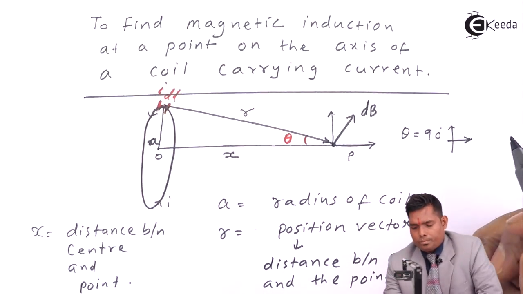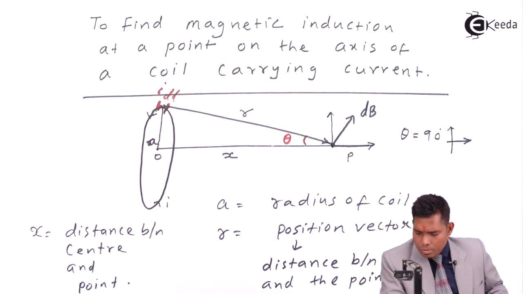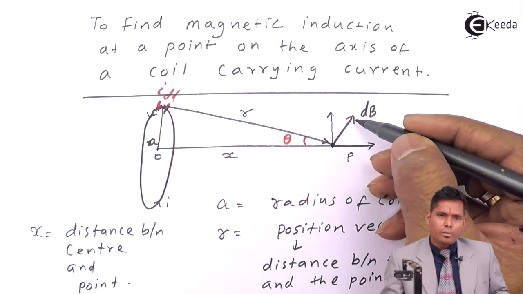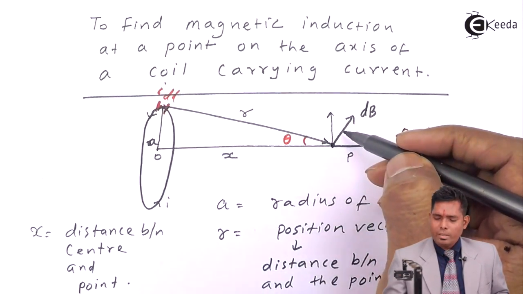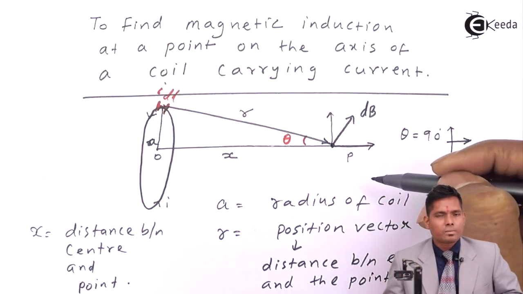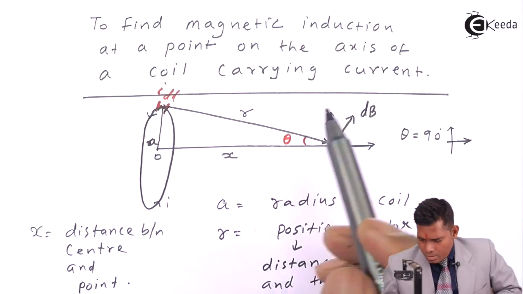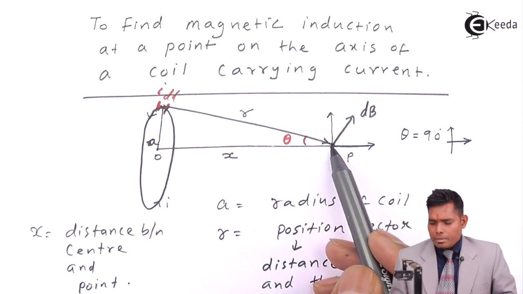In doing so, then I have to resolve this vector dB along this line and this line. I must know the angle it makes with any one of the two sides. We all know that this and this makes an angle of 90 degree.